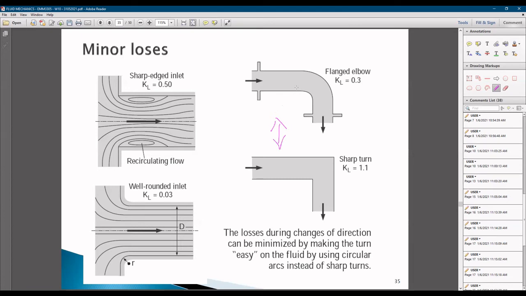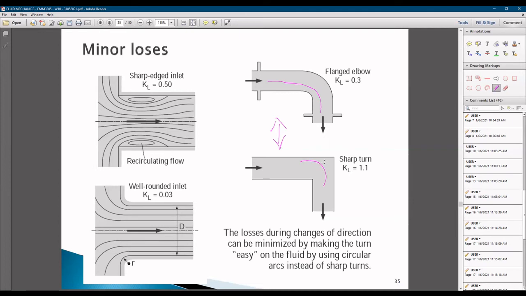If you have this curvature, it actually will help the flow from this point to this point. Whereas if you have a very sharp turn like this, the flow will be disturbed.